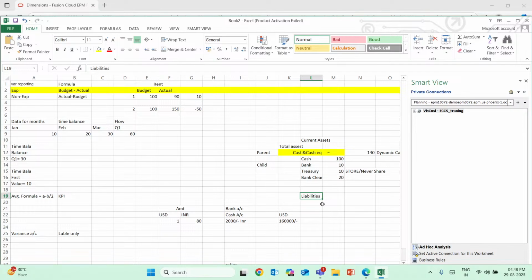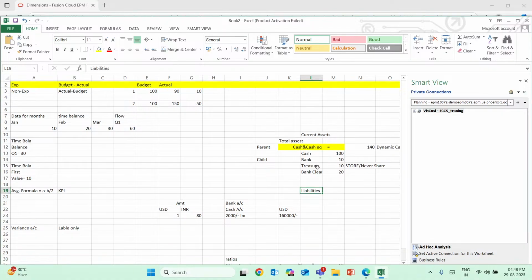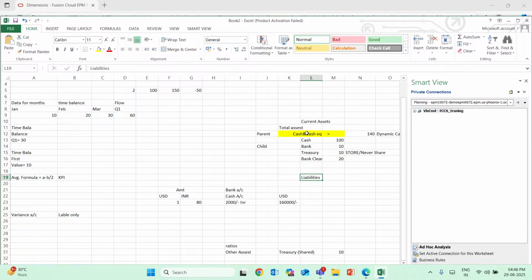Wherever we want to reduce it from the members above it, we will make it a subtraction.